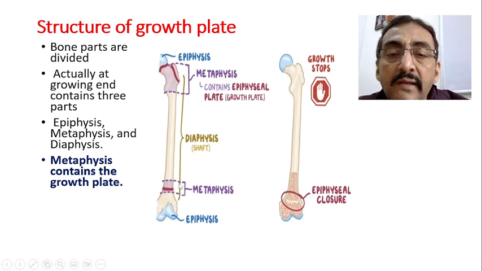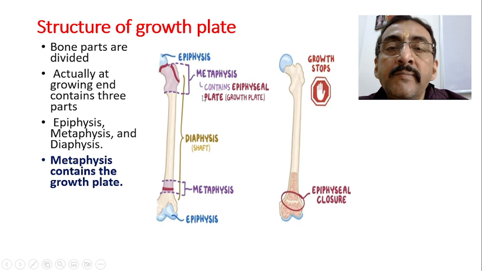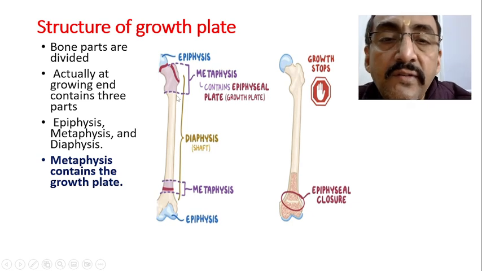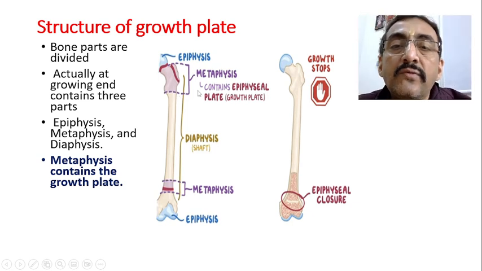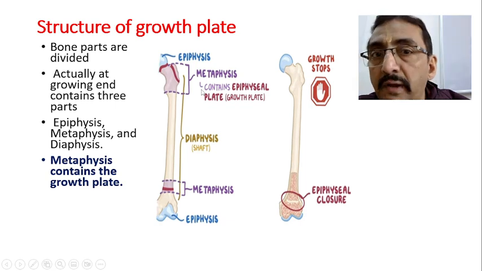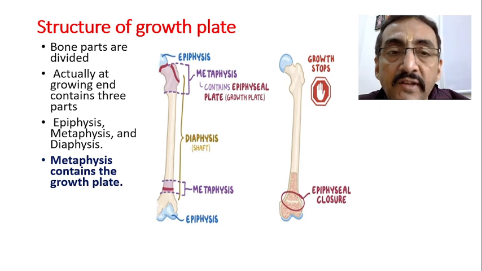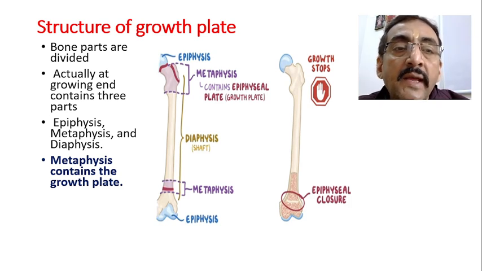Diaphysis is the shaft, and epiphysis is the upper end. The area where the epiphysis and diaphysis join together is called the metaphysis, which also contains the growth plate or epiphyseal plate.